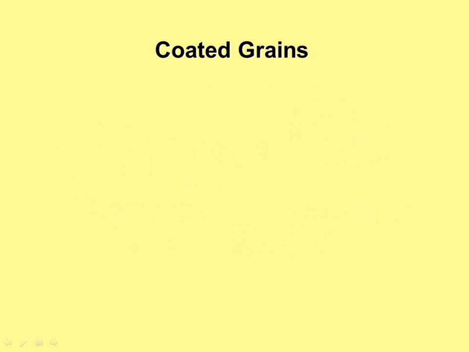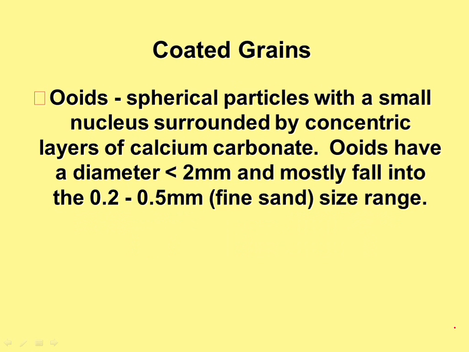If we look at the ooids, these are spherical particles. They tend to have a very small nucleus surrounded by these concentric layers of calcium carbonate. They have a size of less than about 2 millimeters. They typically fall into the 0.2 to 0.5 millimeter size range, which is the size of fine sand in the Udden-Wentworth scale.